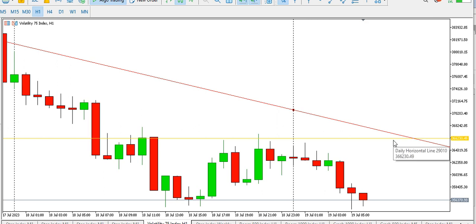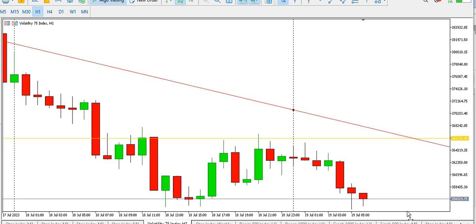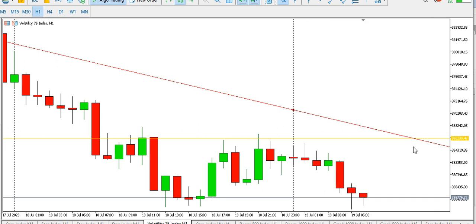We might see price go up to the pivot before dropping. As the daily pivot is a confluence with the descending trend line, we might see price oscillate towards the pivot before dropping.